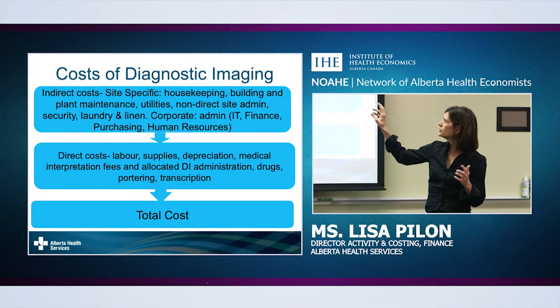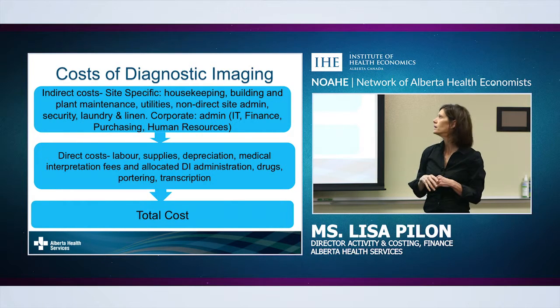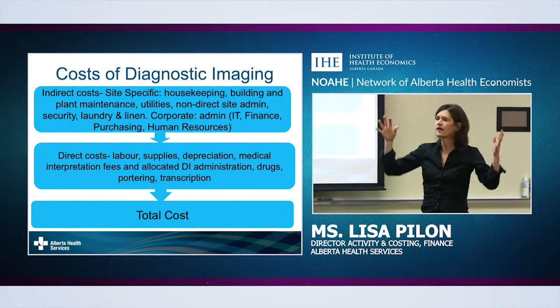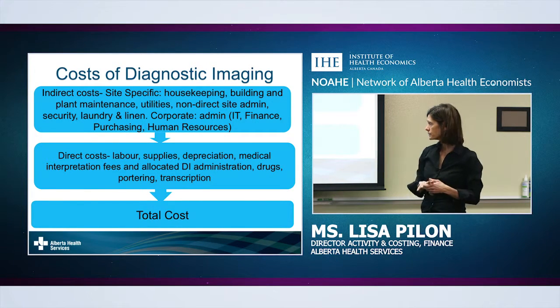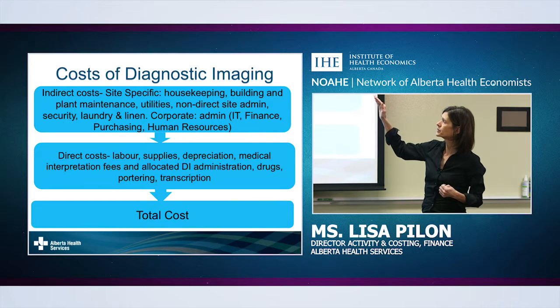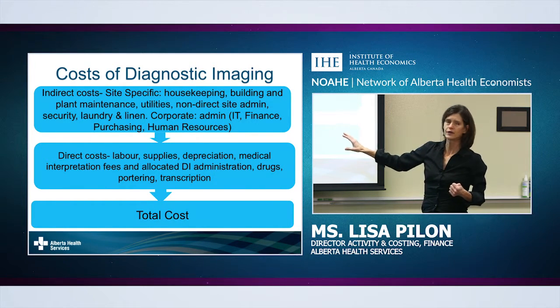Then in costing, you can have what we call corporate indirect. That's the really big stuff: AHS's IT, finance, purchasing, and HR. That's where you want to get a full cost in. So if you take your indirect costs and your direct costs, that ends up being what we call the total costs of an exam.